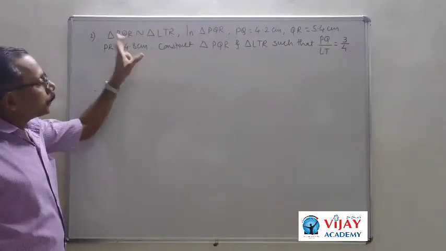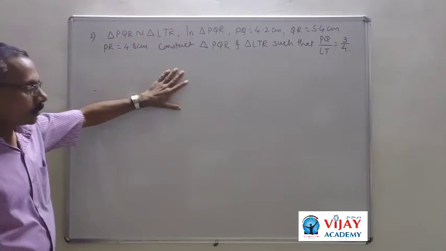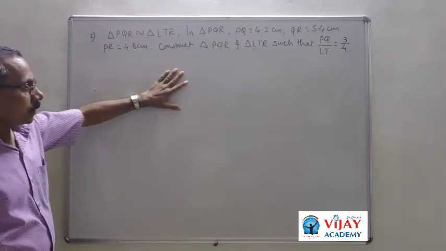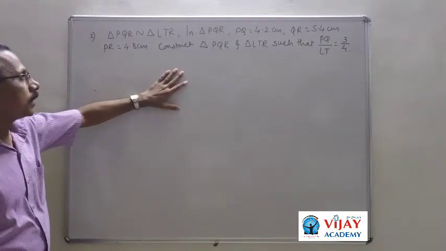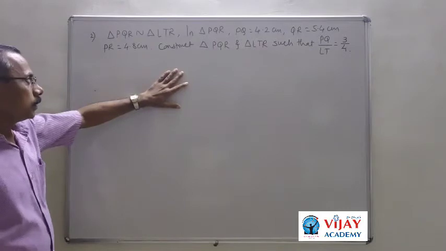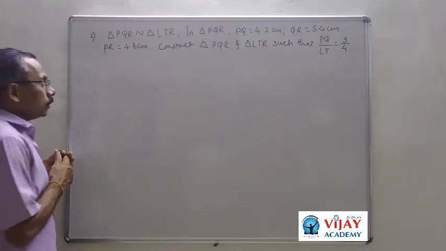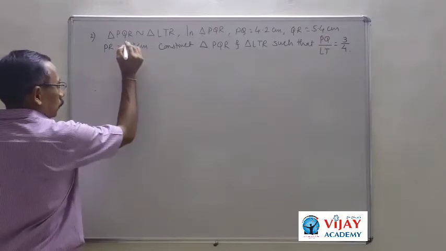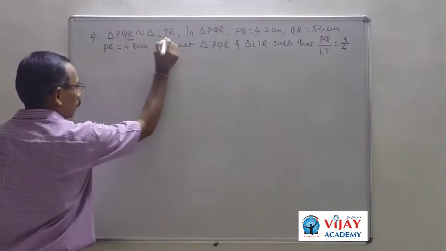Now we will discuss the second type of construction of similar triangles. In the first case, we discussed when all three vertices are different, and the second one is when one vertex is common. In two triangles, R is a common vertex.